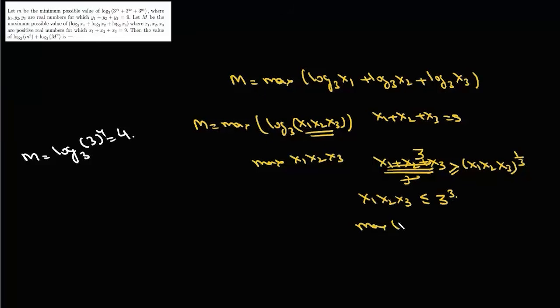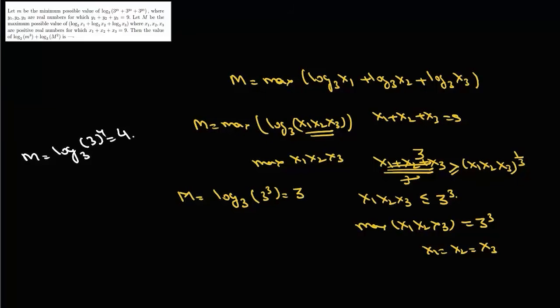So the maximum possible value of x1 x2 x3 will be 3 to the power 3, and we'll have this maximum value when x1 equals x2 equals x3. So the value of this capital M will be log of 3 to the power 3 base 3. So the value of small m is 4 and the value of capital M is 3.